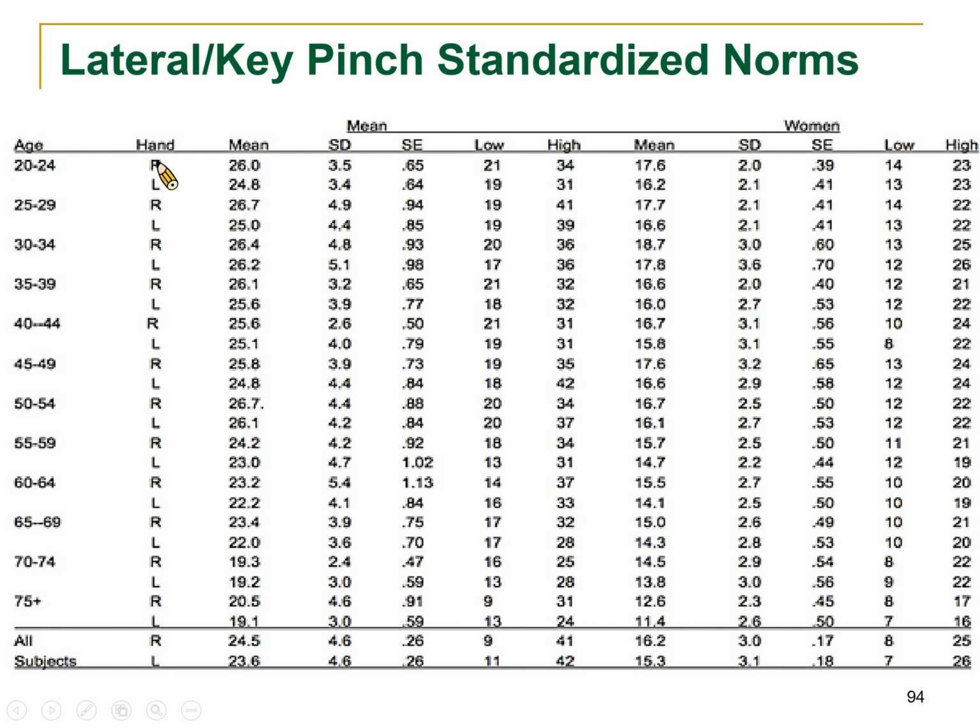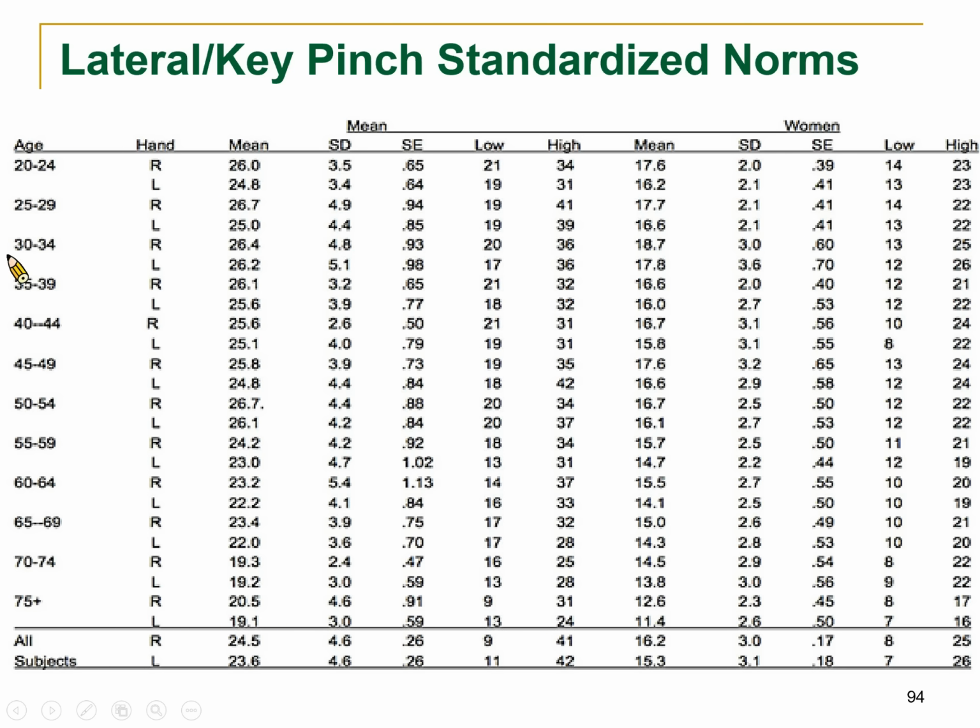Okay, this is the right hand, this is the left hand, this one is the mean, and this one is for men, and this one is for women. Then you can look at this chart to see if your key pinch, we call that lateral pinch, is good enough or within the normal range, or between the standard or standard error.